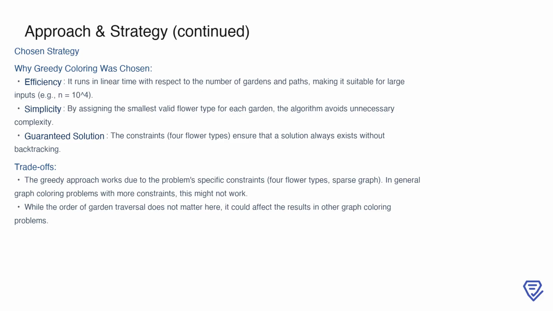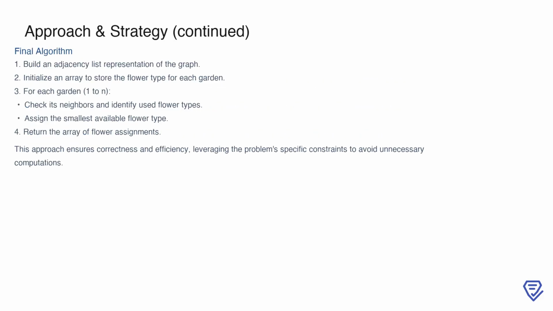To summarize the final algorithm, we begin by building an adjacency list representation of the graph from the input paths. This step ensures efficient access to each garden's neighbors. Next, we initialize an array to store the flower type assigned to each garden. Then, for each garden, we examine its neighbors to determine which flower types are already in use.